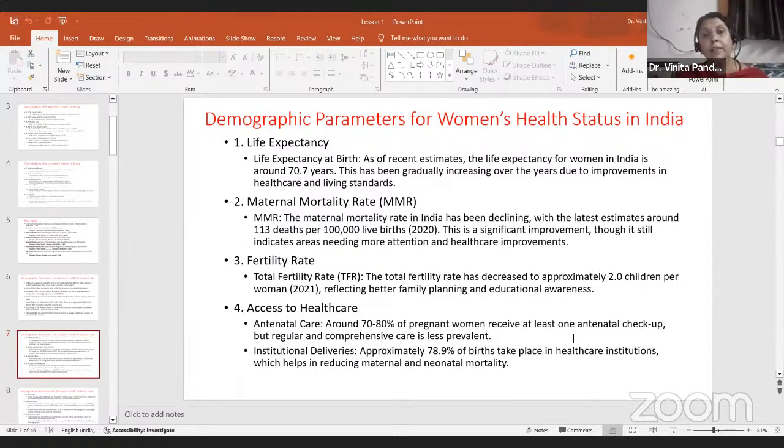Maternal mortality rate, I just mentioned, fertility rate, and access to health care. So antenatal care: about 70 to 80% of pregnant women receive at least one antenatal checkup, but regular and comprehensive care is less prevalent.